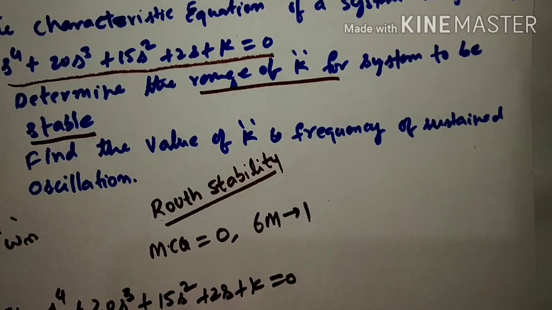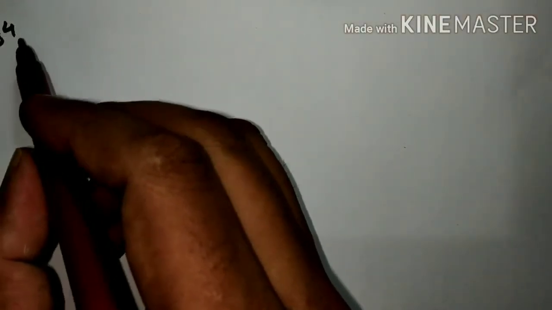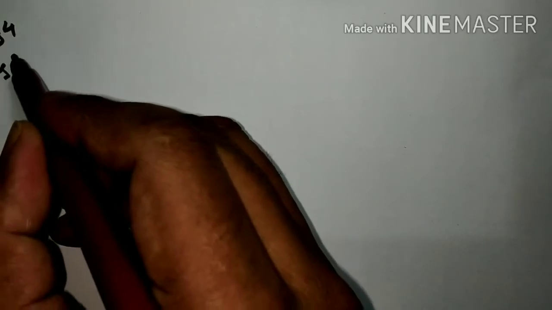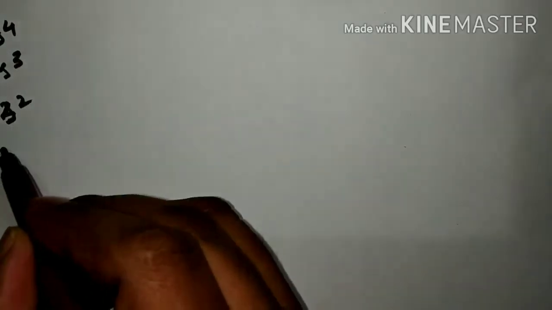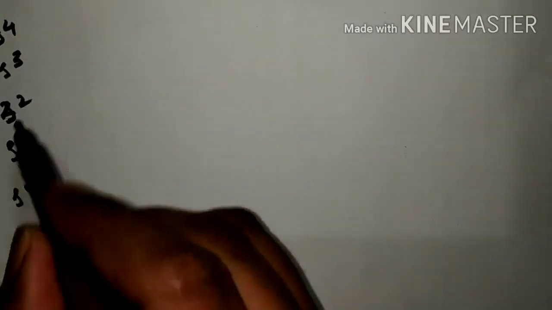Now we will form the Routh array from this characteristic equation. I'm going to write it here: s^4, s^3, s^2, s^1, s^0.